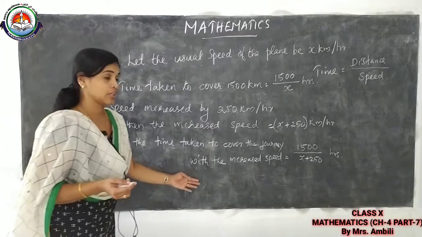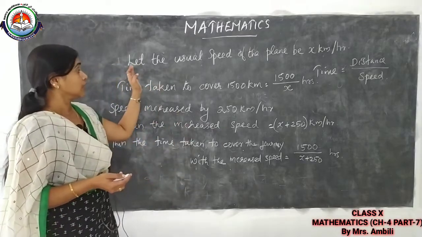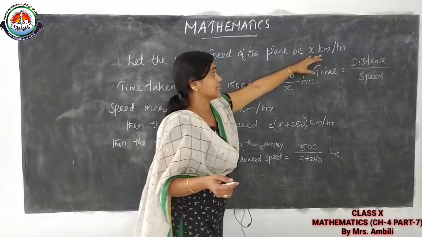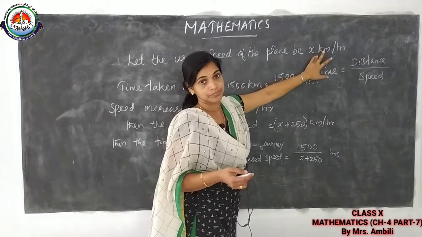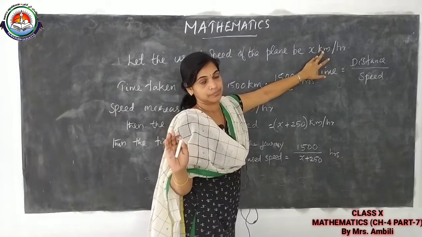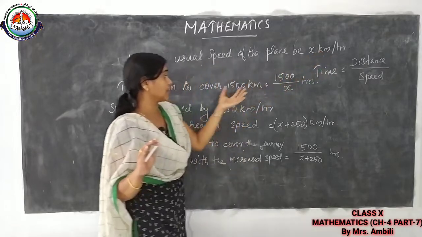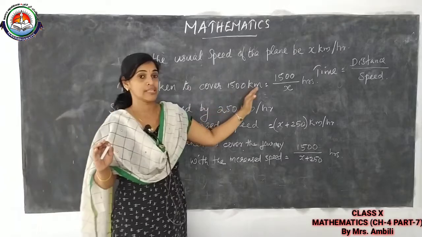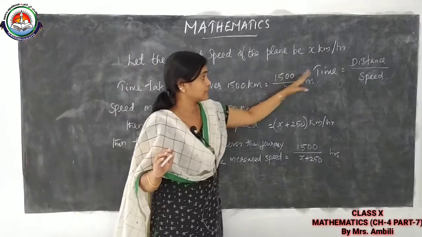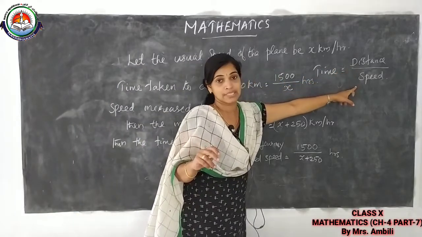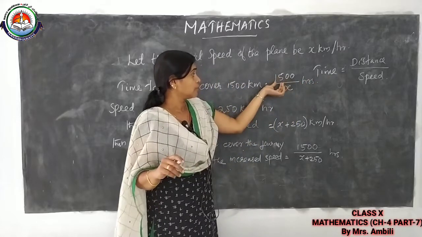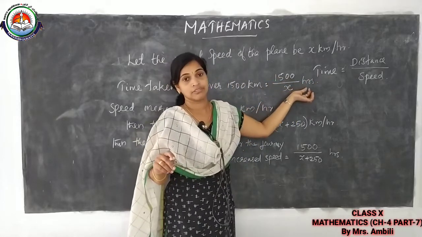Clear? Up to here you understood? We took the usual speed of the train to be x km per hour. So, what is the time taken to cover this distance? Time equals 1500 by x hours.